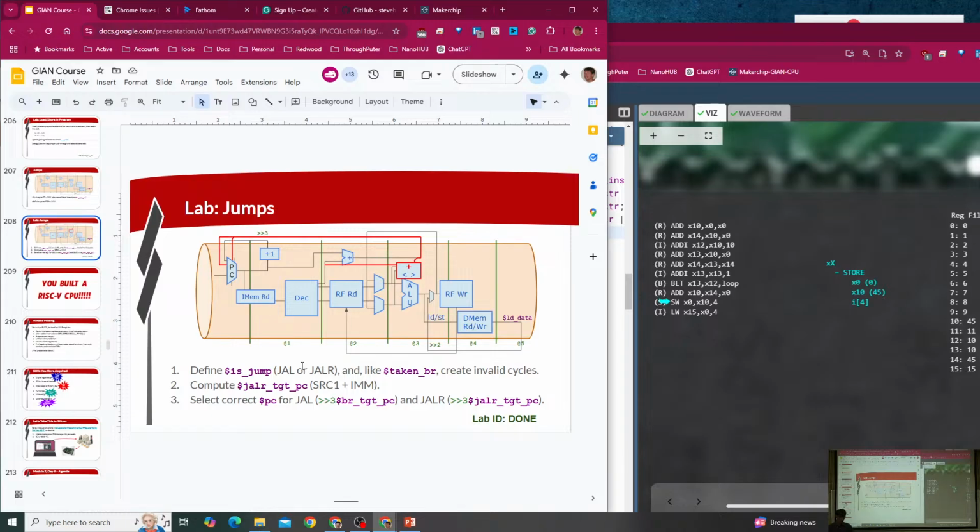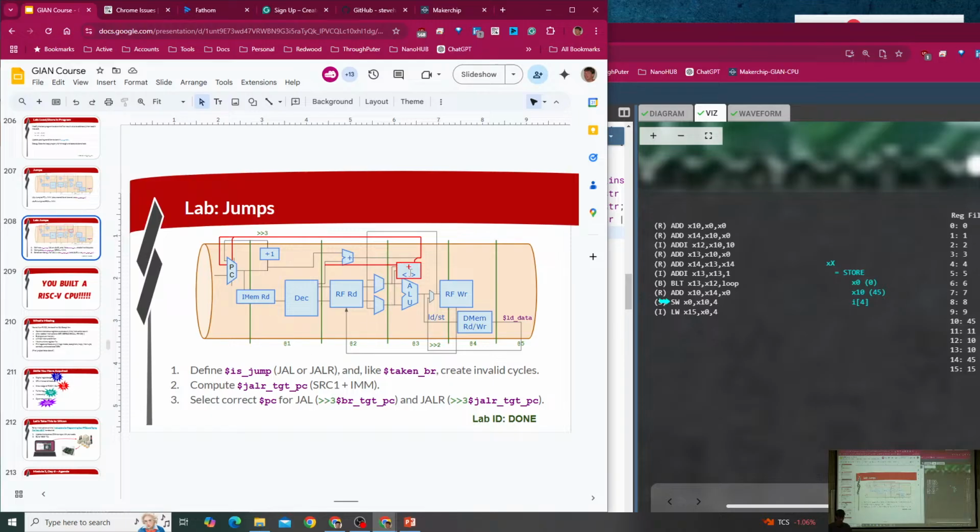So for jump and link, that's the PC plus the immediate, which is the same calculation that we do for branch. So that calculation we already do.